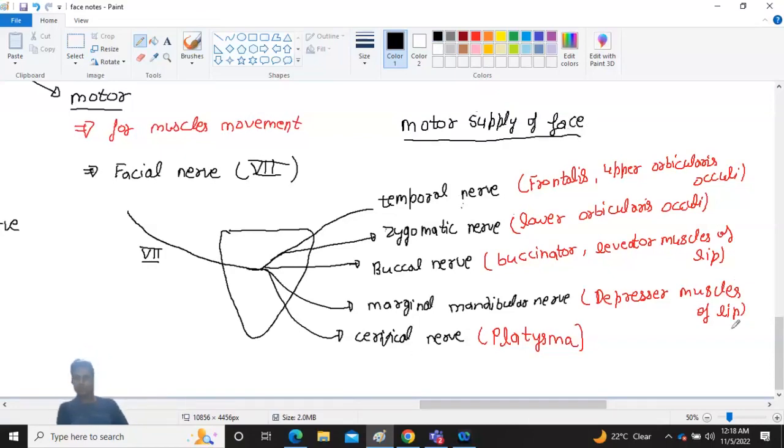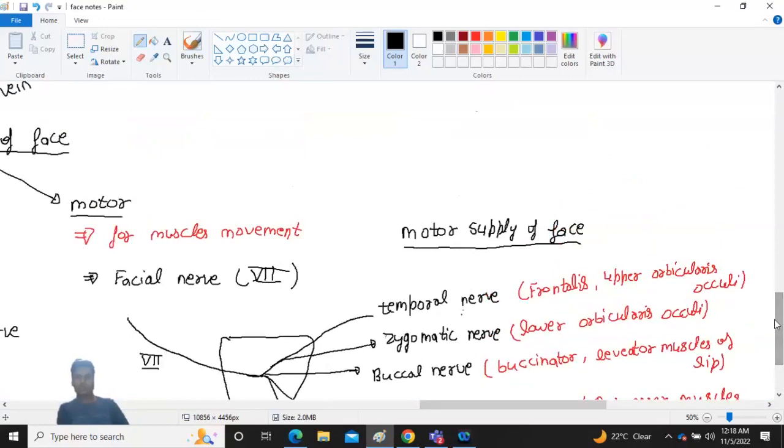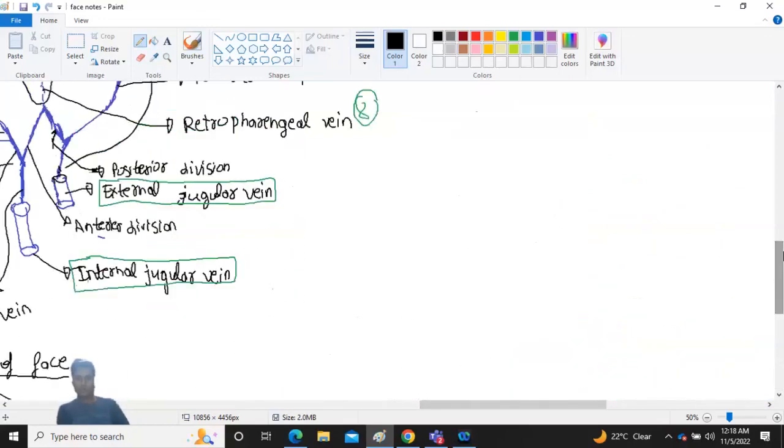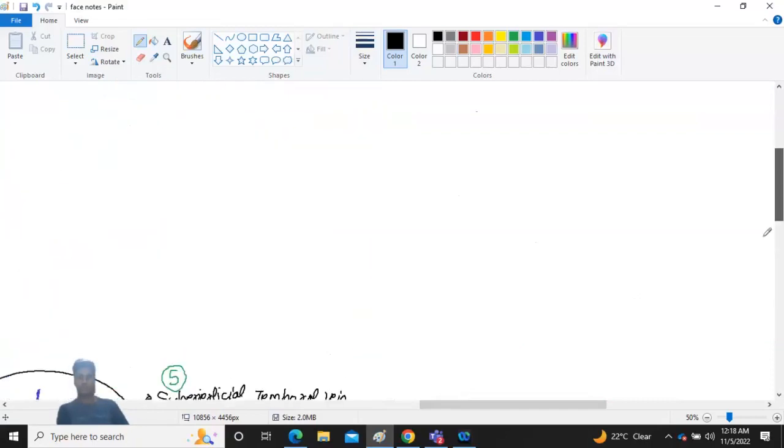Now come to the sensory supply of the face. For sensory supply, we know the nerve is trigeminal.